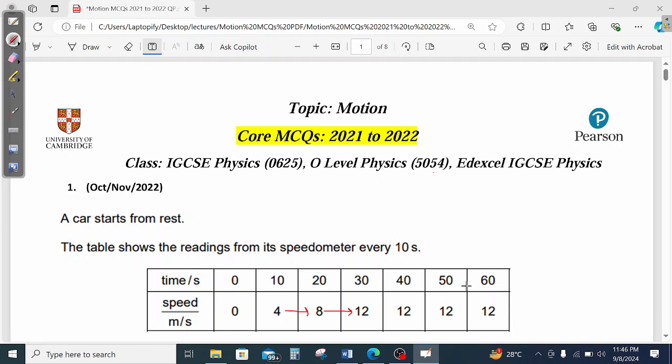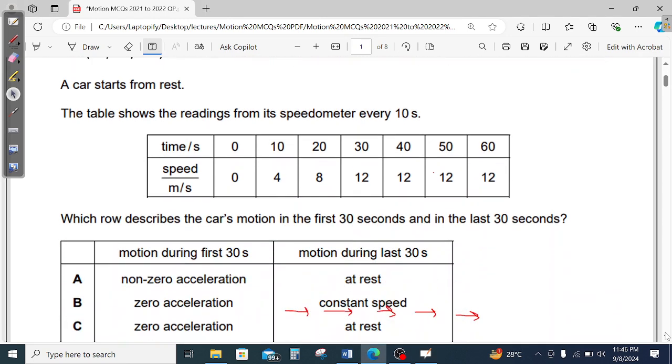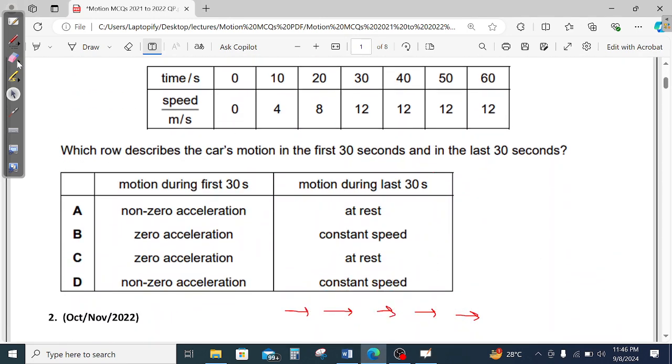From 30 to 60, the body is still at 12 meter per second. Is it clear? So the question is, what you have to find: which row describes the car motion in the first 30 seconds and in the last 30 seconds.